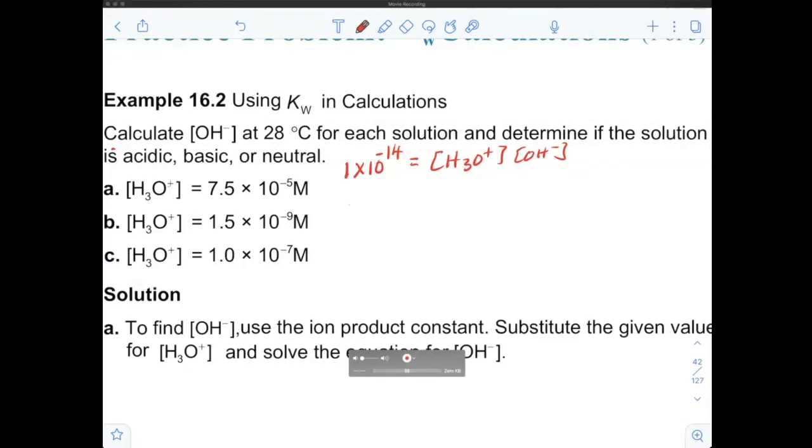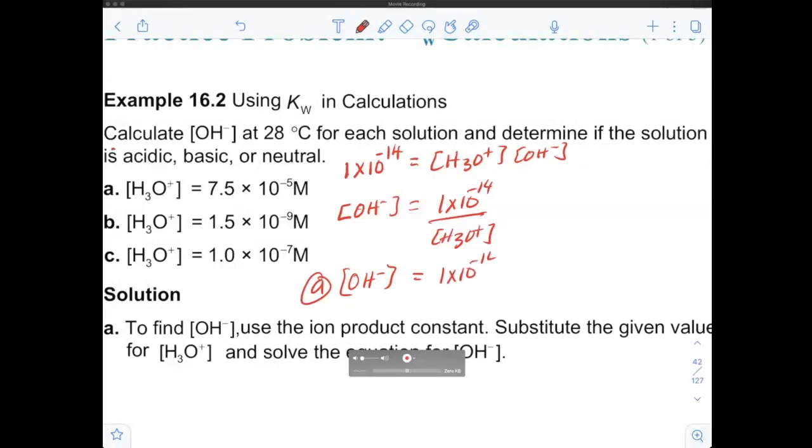So for that, I have to rearrange the equation. To find OH minus, I need to take 1 times 10 power negative 14 over H3O plus. Okay? So I'm going to be using this equation over and over again. For part A, the OH minus amount is equal to 1 times 10 power negative 14 divided by 7.5 times 10 power negative 5.